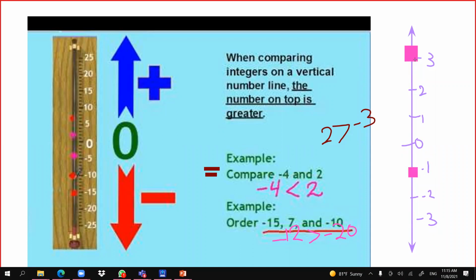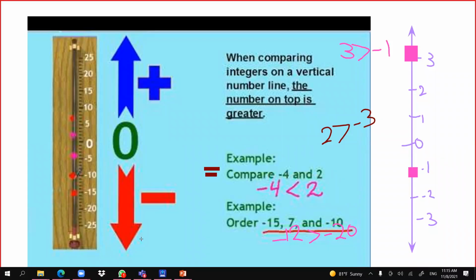So any number, when you want to compare it with any number, the one that is up will be greater than the second one. Look here. We have 3 and negative 1. Which one is on the top? 3. So you will say 3 is greater than negative 1.